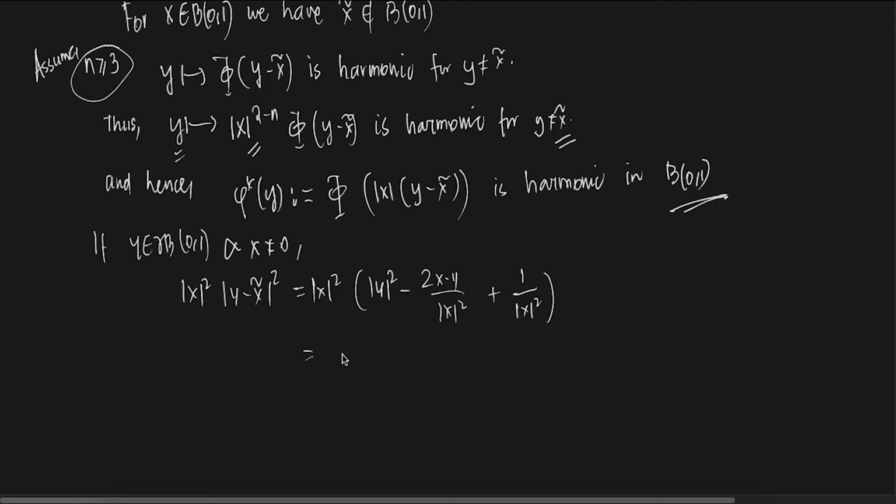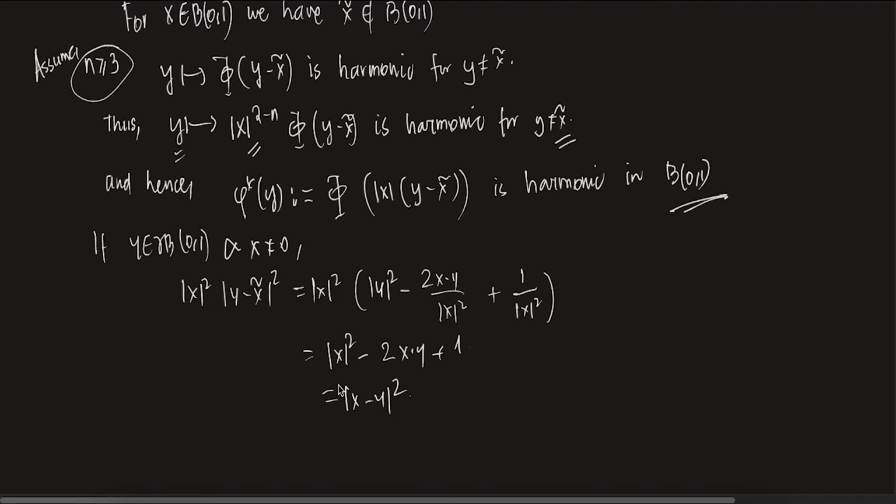Mod y is on the boundary, so mod y square is 1. So essentially this is mod x square minus 2 x dot y plus 1, correct? Which is mod x minus y square. Clear?